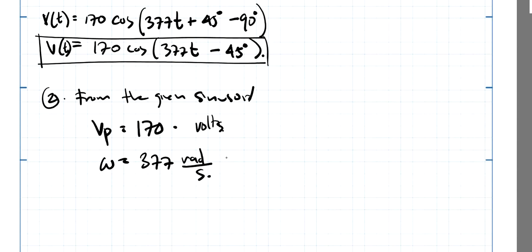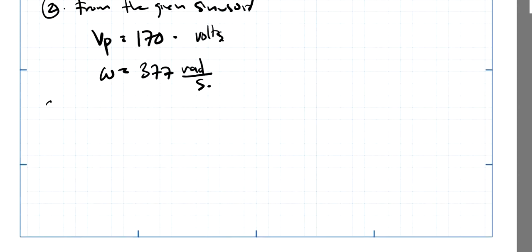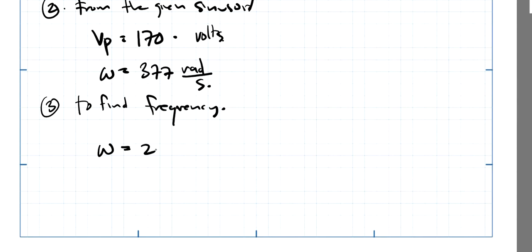Okay, next we are asked to find the frequency. To find the frequency, we will be using this equation: omega is equal to 2 pi f. We have the omega, so we can divide it by 2 pi to find f.